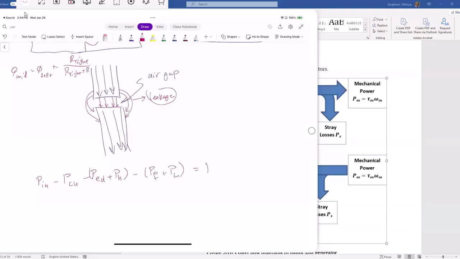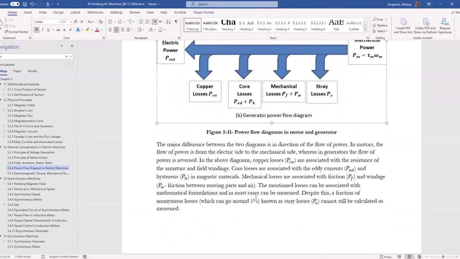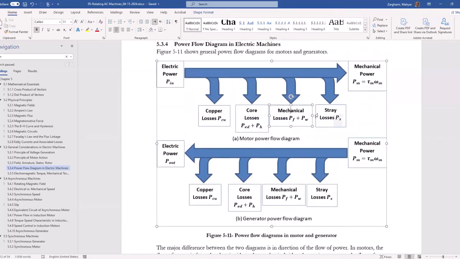That should be the output power, right? But this is not exactly correct. So we have to account for some losses that cannot really be modeled, a kind of unknown losses. Those we call P_stray. Those P_stray losses could be up to a few percent, up to 1% of the output power resulting from this calculation. So even if you do your calculations very correctly, there are some losses that are not modeled or cannot be modeled. We call them stray loss.